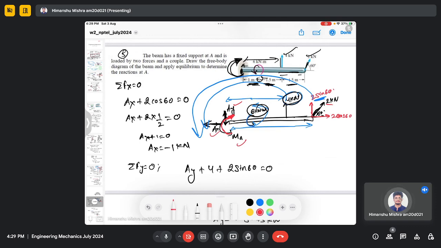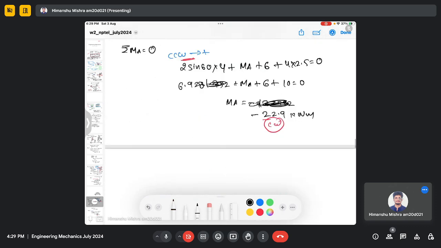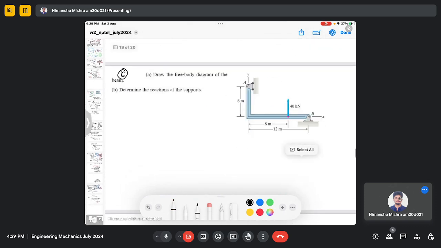So let's solve a similar problem. Here, in this question we need to draw the free body diagram, and again we need to calculate the reaction at the supports. So as we have discussed at the beginning of this class, the reaction force depends on what kind of support you have. So for example, for the roller support, you have only one reaction force, which is Ry.